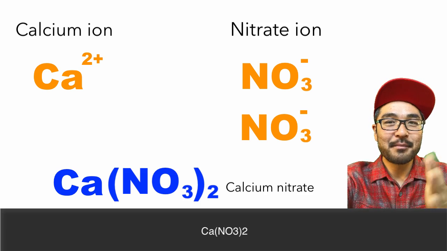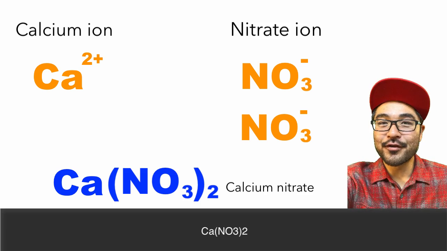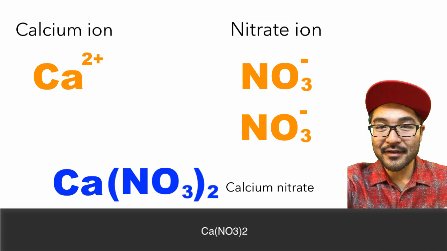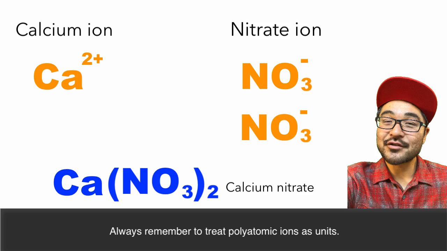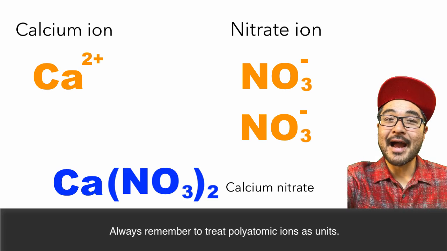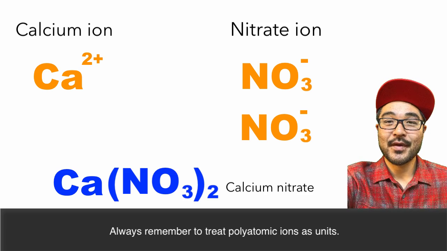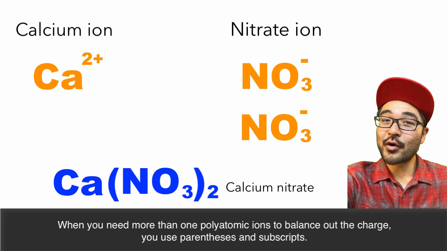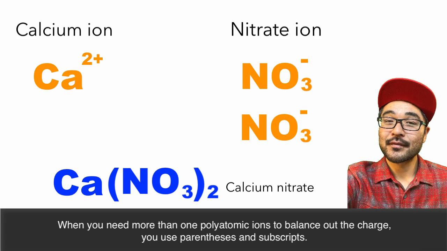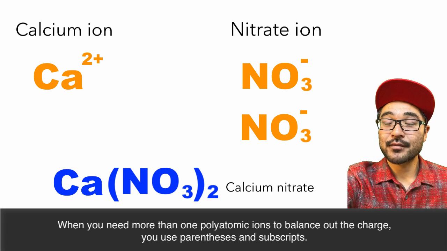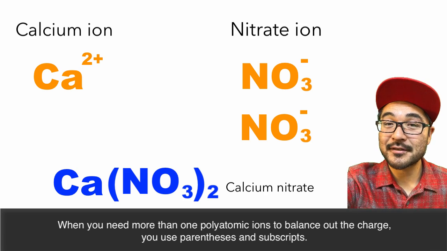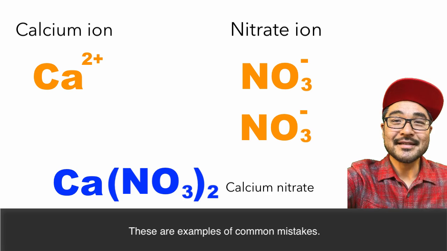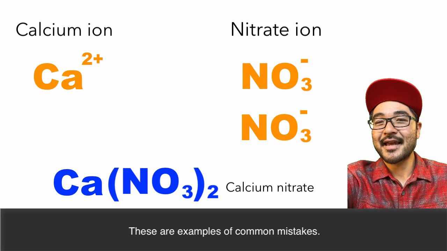Ca(NO3)2. And always remember to treat polyatomic ions as units. When you need more than 1 polyatomic ion to balance out the charge, you use parentheses and subscripts. These are examples of common mistakes.